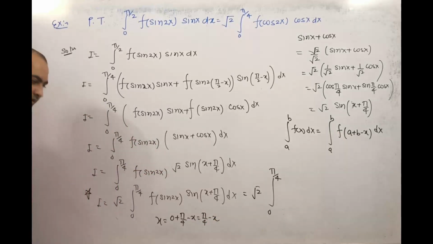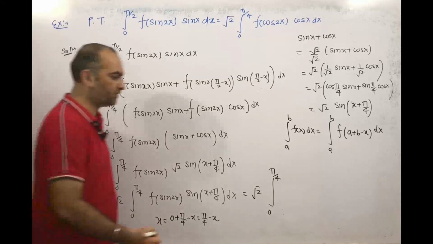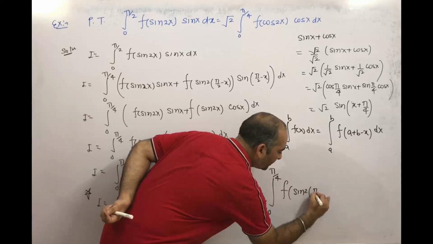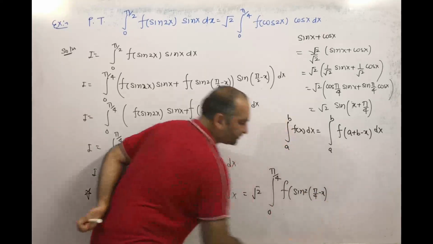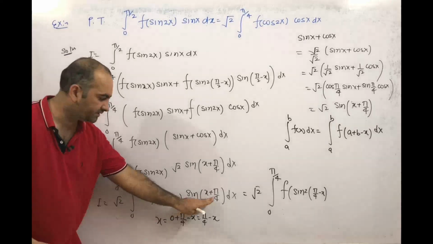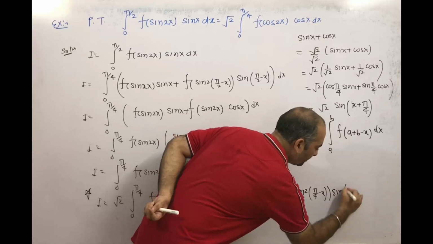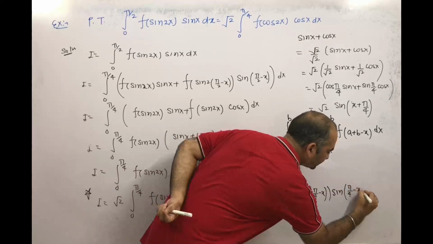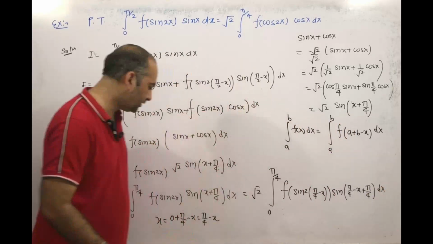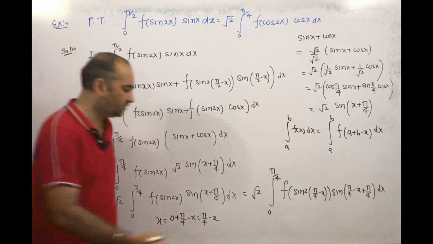If you put here, f of sin 2 times pi by 4 minus x, into sin of pi by 4 minus x plus pi by 4 dx. Here instead of x, we wrote pi by 4 minus x, plus pi by 4.